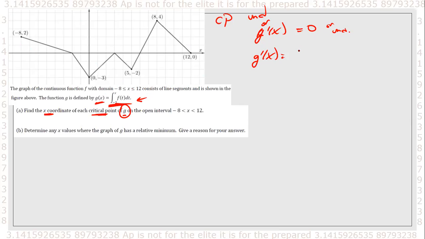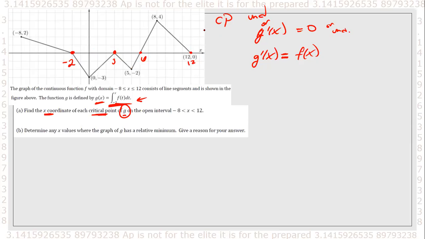So according to the fundamental theorem of calculus, it's just f of x. So when f of x equals 0. It looks like we have right here, which is -2, right here, which is 3, and right here, which is 6, and right here, which is 12.